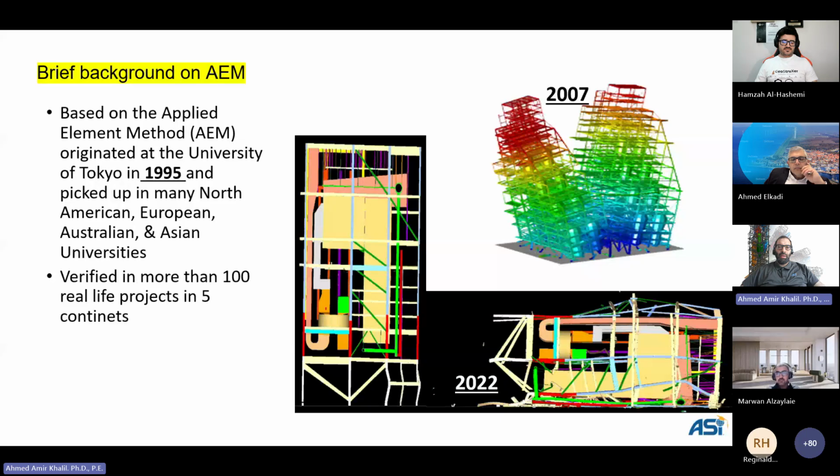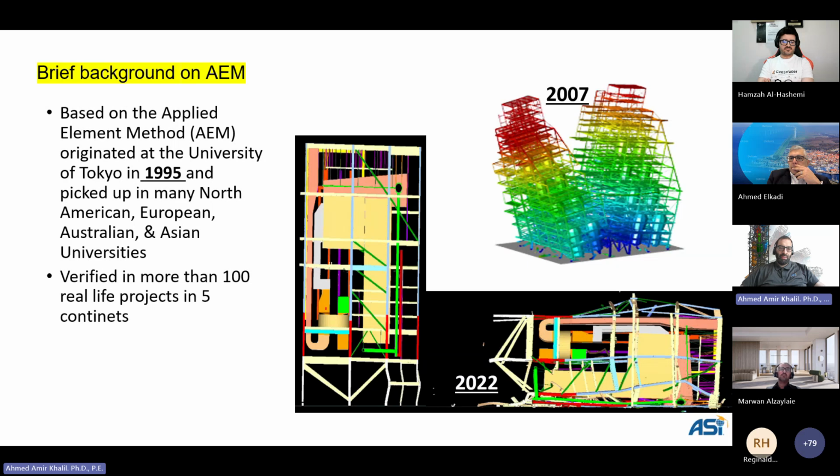So the AEM method, applied element method, started at the University of Tokyo in 1995, as research intensified after the Kobe earthquake in Japan.